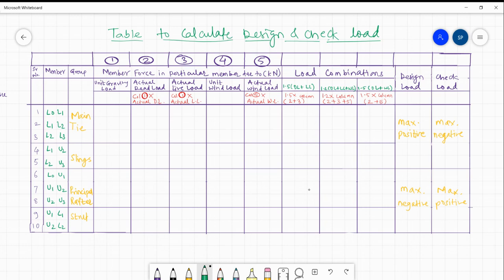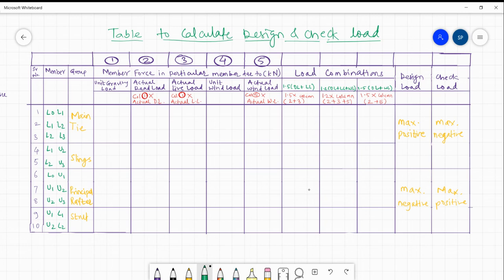Then the next subcategory or group is the principal rafter elements, which is the top chord member, and these members are under compressive forces when the truss is subjected to gravity loads. And finally strut. Strut is nothing but an internal compression member. Again, it can be a vertical or inclined member depending on the configuration of a roof truss.